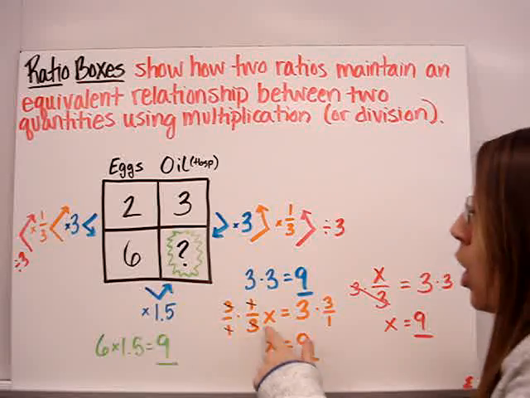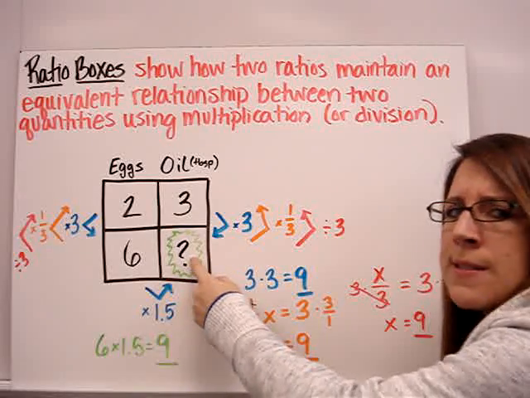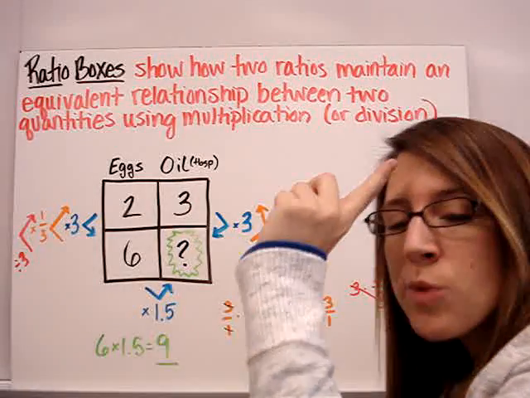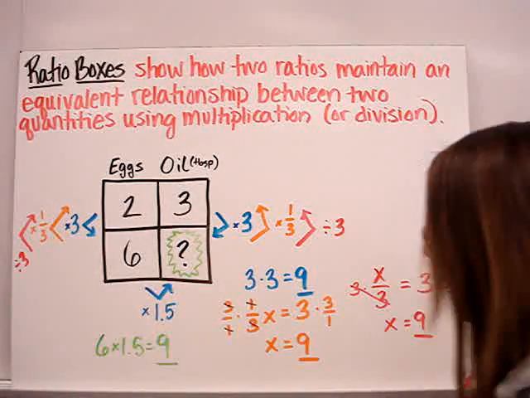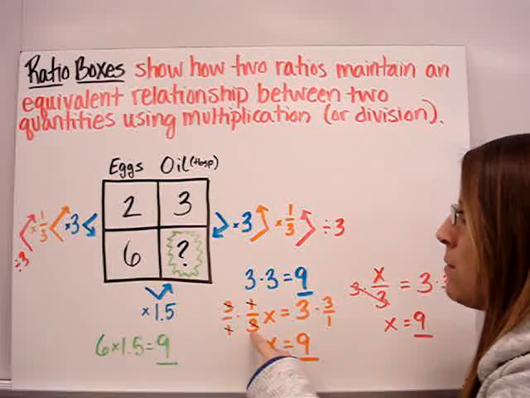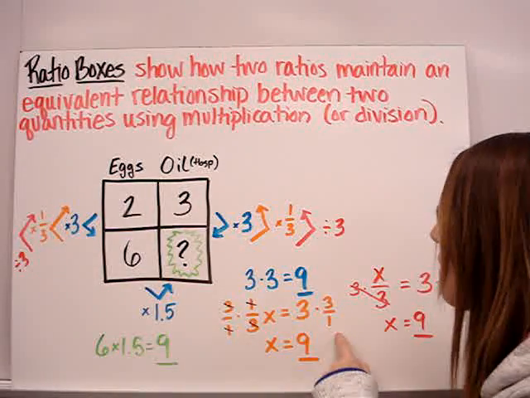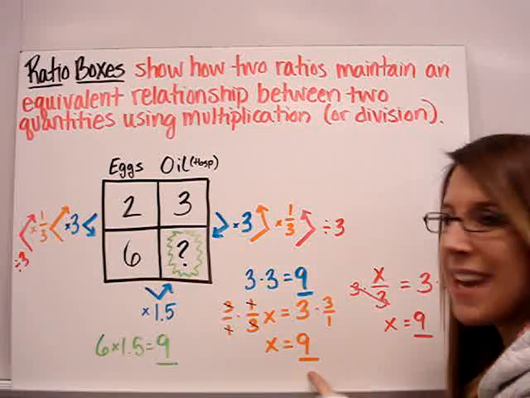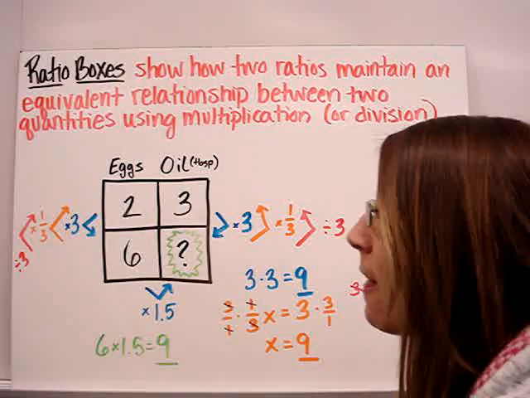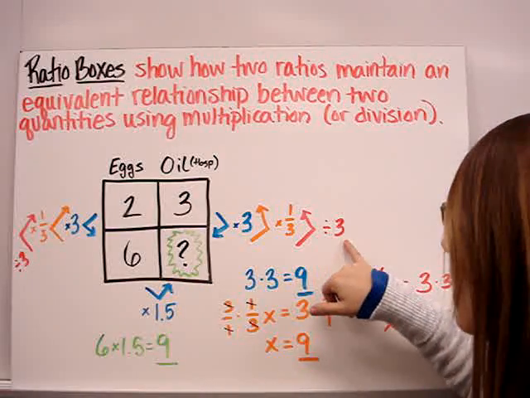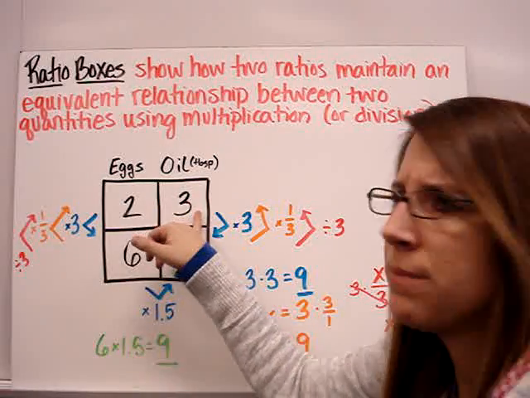This is where we say, well, we don't know what this value is. Well, but this value times 1/3 is 3. Here's where our equation knowledge comes into play. What number times 1/3 equals 3? Well, we use those inverse operations and we find out that x equals 9, which we knew already. You could also say, what number divided by 3 equals 3?